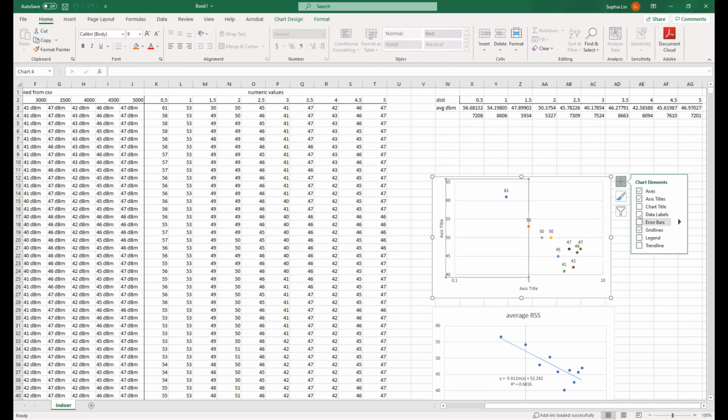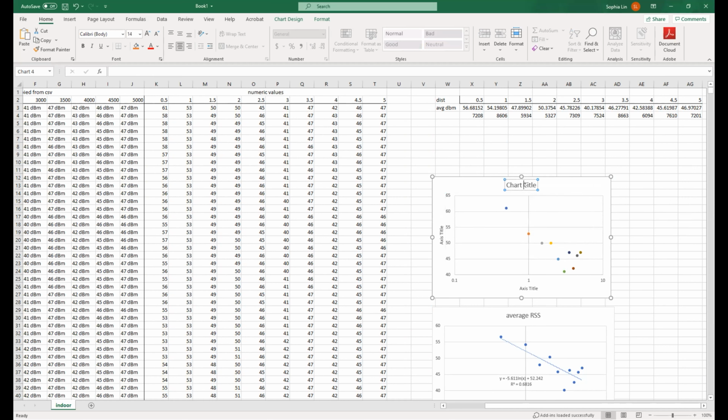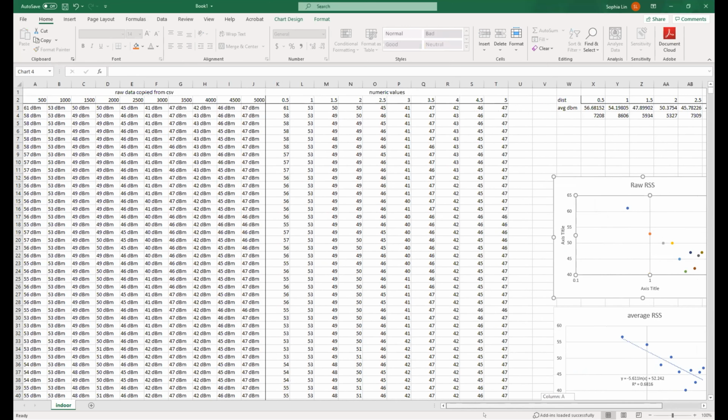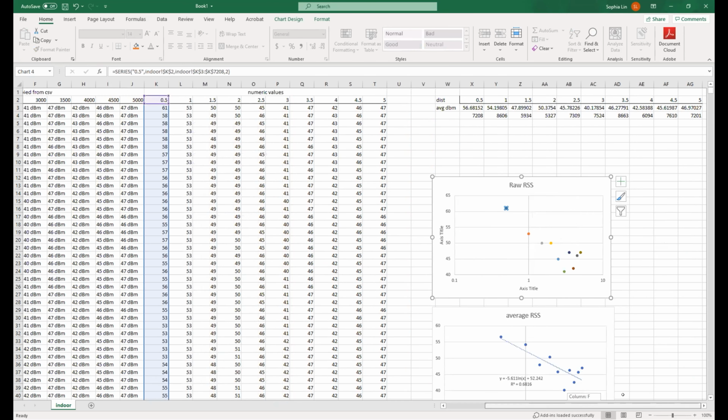Oh, why? So this is the raw. But I think there's only 1 point for each distance. So I don't know why. You should show all the distance.